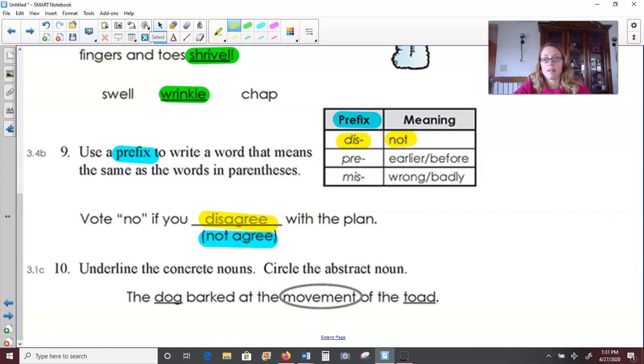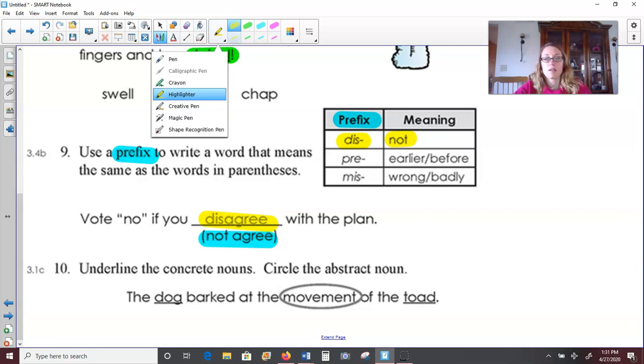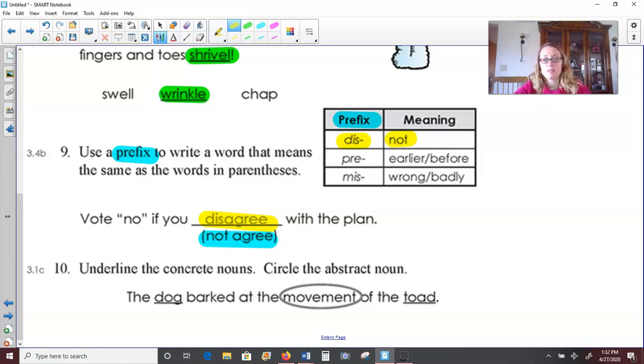All right, and lastly here, it says to underline the concrete nouns. So concrete nouns, remember, are things that we can physically see, feel, touch. And then abstract nouns are more of those thoughts and feelings. The dog barked at the movement of the toad. Well, a dog is a concrete noun.